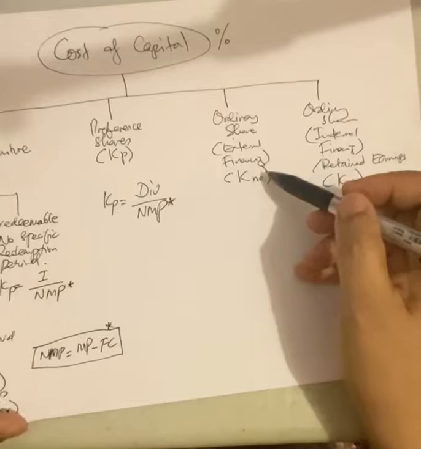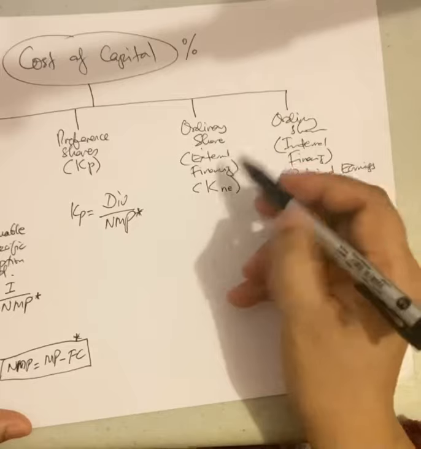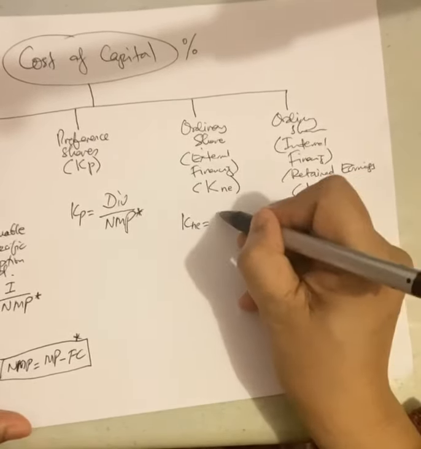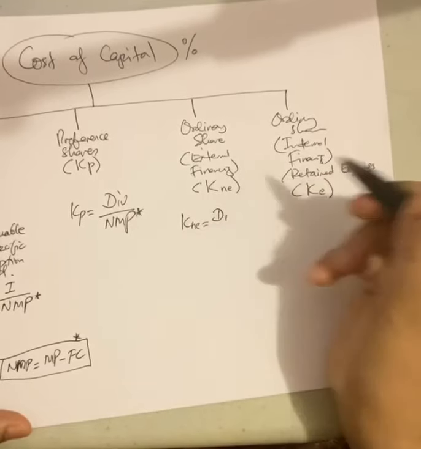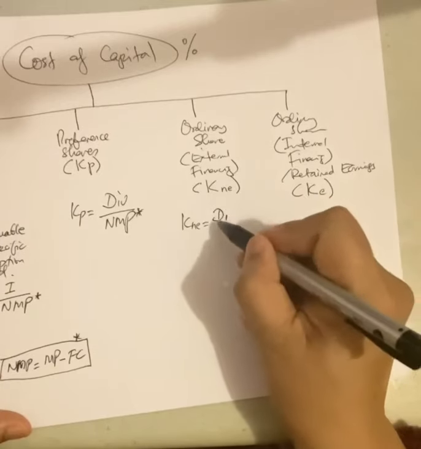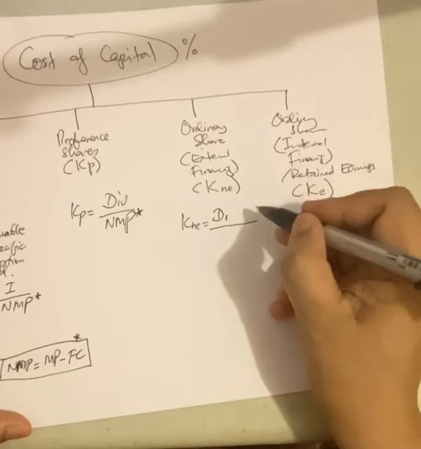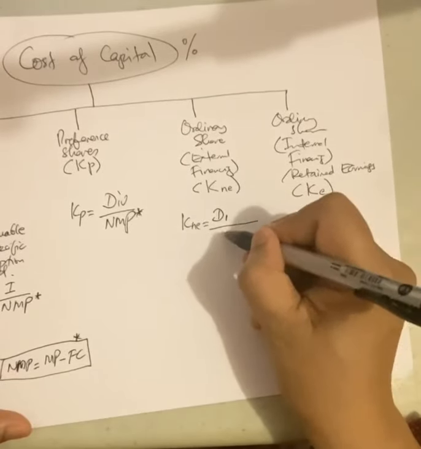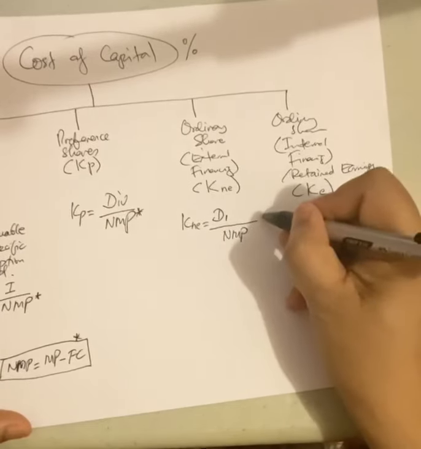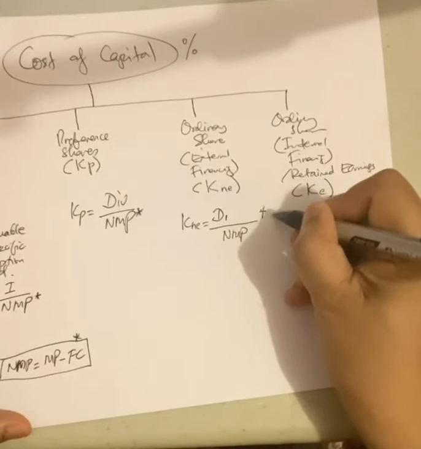Next is the ordinary shares for external financing. For ordinary shares, KNE equals the dividend of the following year divided by the net market price, plus the growth.